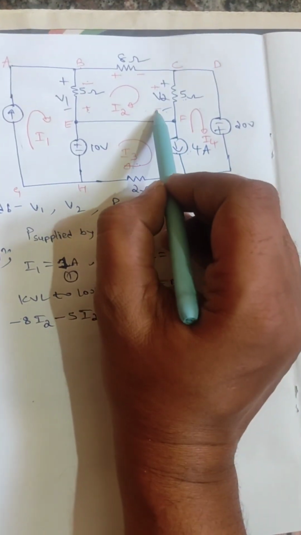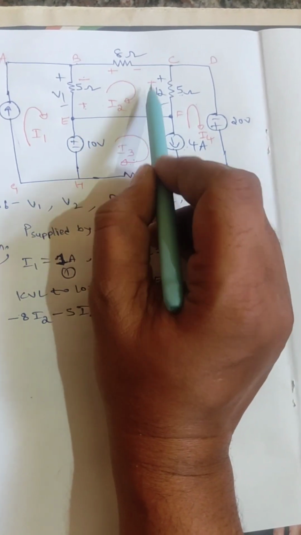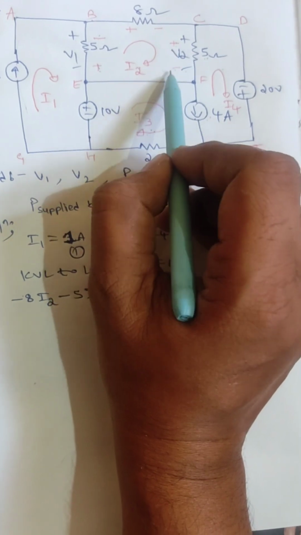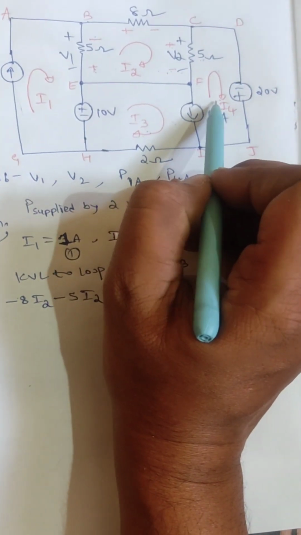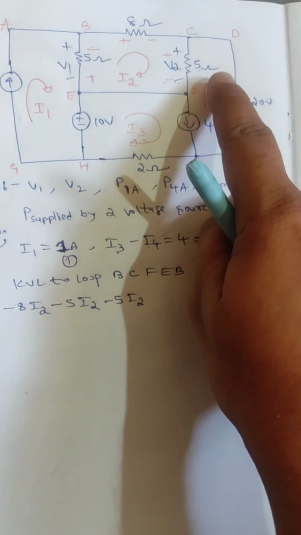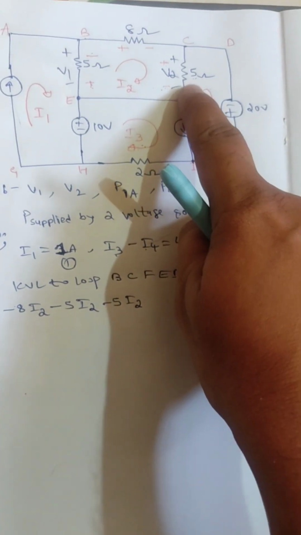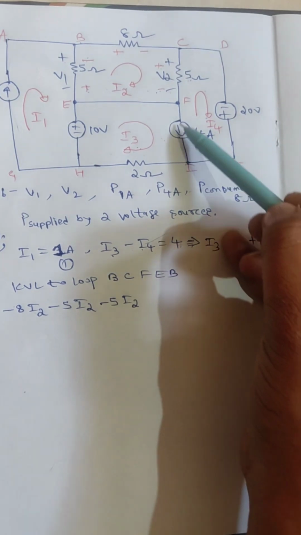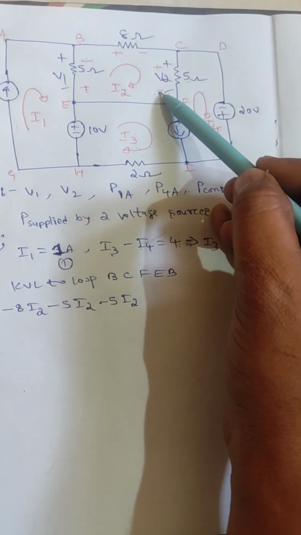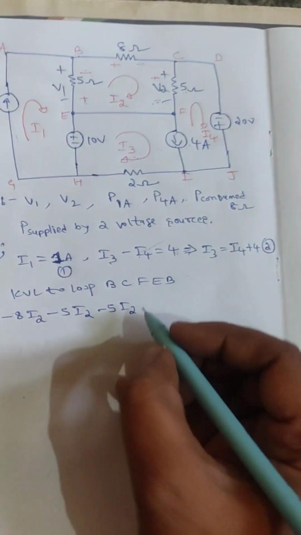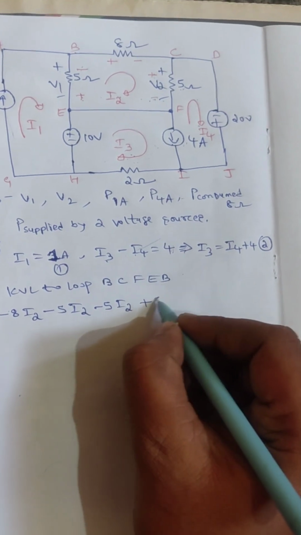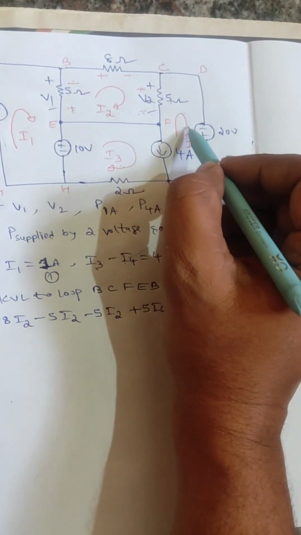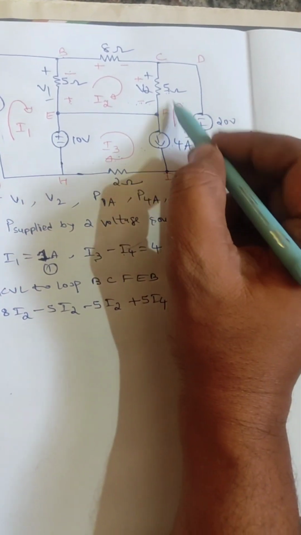So whatever polarities I marked plus and minus as per this direction, for this polarity you check, see how the current is flowing like this. It's going from minus to plus. See, this current is entering this resistor. For this polarity, whenever current flows from minus to plus, you write positive. So plus 5 I4, the I4 current passing in this 5 ohm resistance.